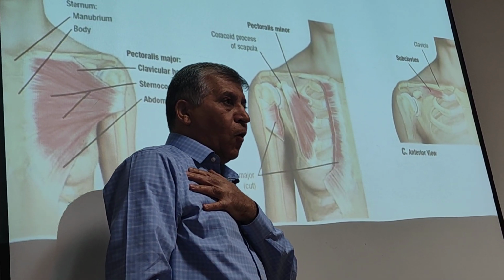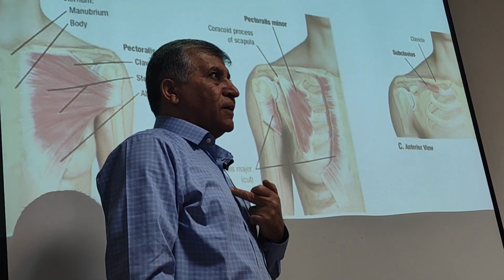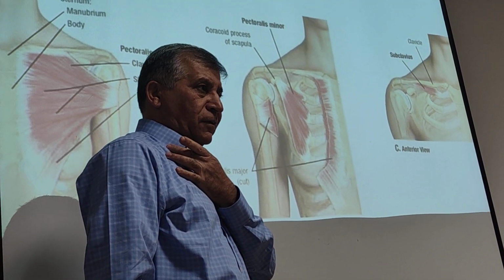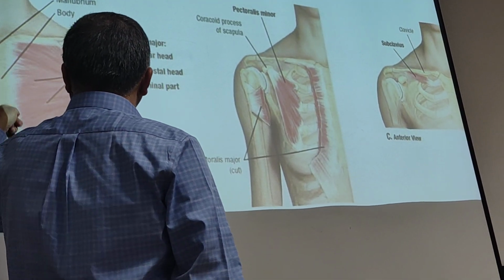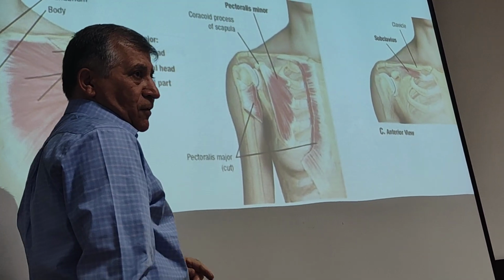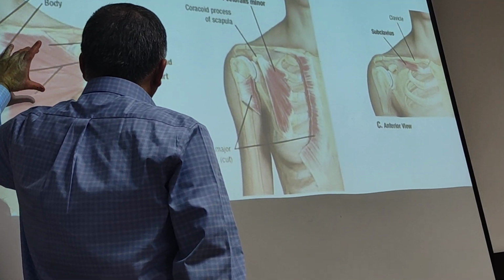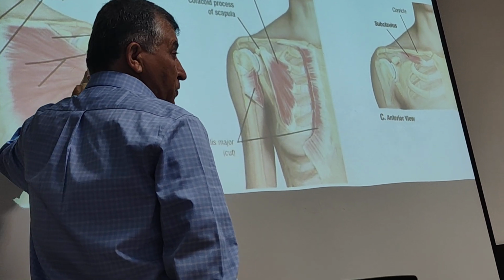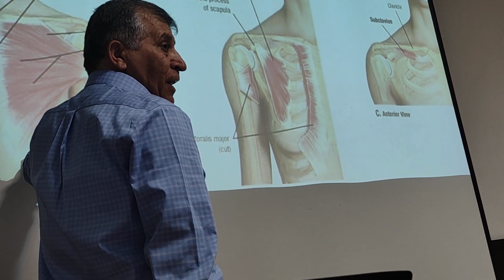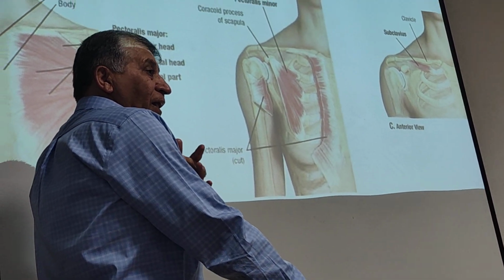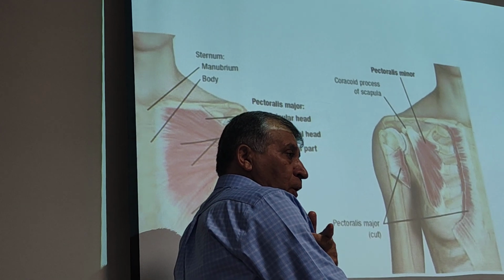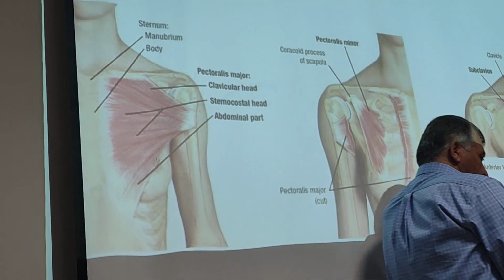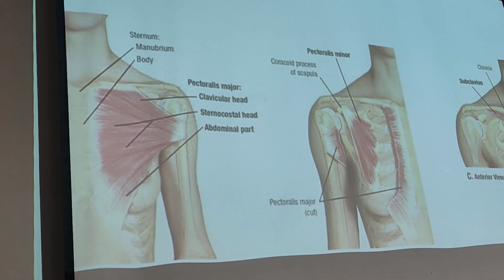It originates from the sternum, ribs, and clavicle. These fibers move laterally, join into a tendon, and this tendon attaches to the lateral lip of the intertubercular groove, or sulcus.